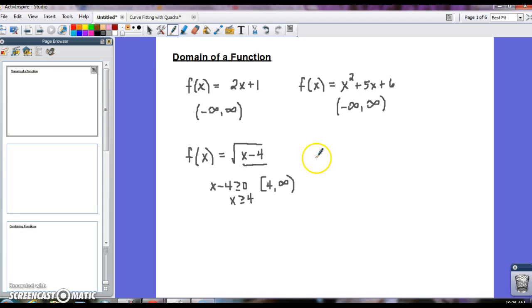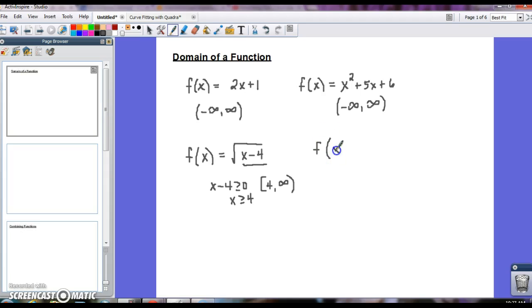Okay, so those are pretty straightforward. Let's talk about higher level functions though. Let's talk about polynomial functions. A quadratic is a polynomial function. A cubic is a polynomial function. Any nth degree polynomial is a polynomial function. And honestly, there aren't any restrictions on just plain polynomial functions, right?